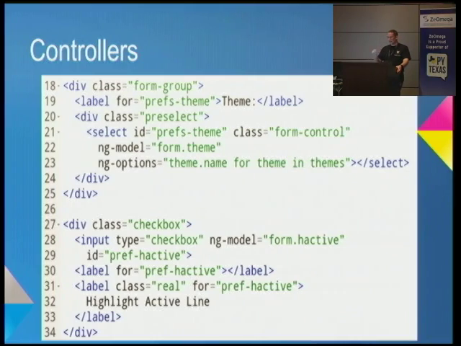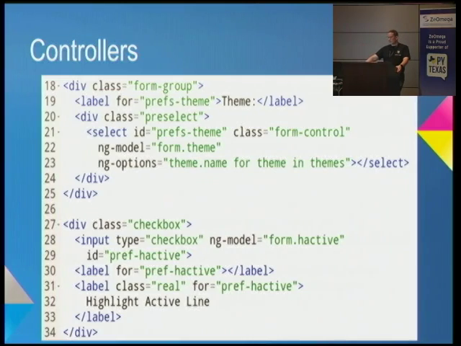And now that I bind it to my form.theme, it'll automatically update that for me whenever I select a new theme. Same thing for a checkbox. Again, I'm just using the ng-model that does a two-way data binding.